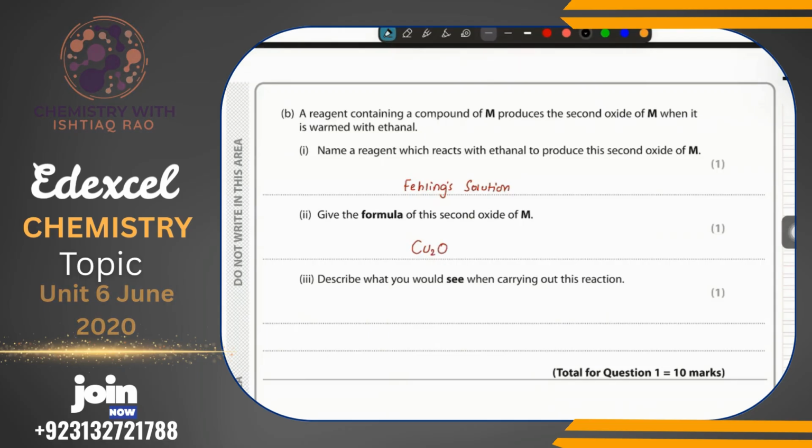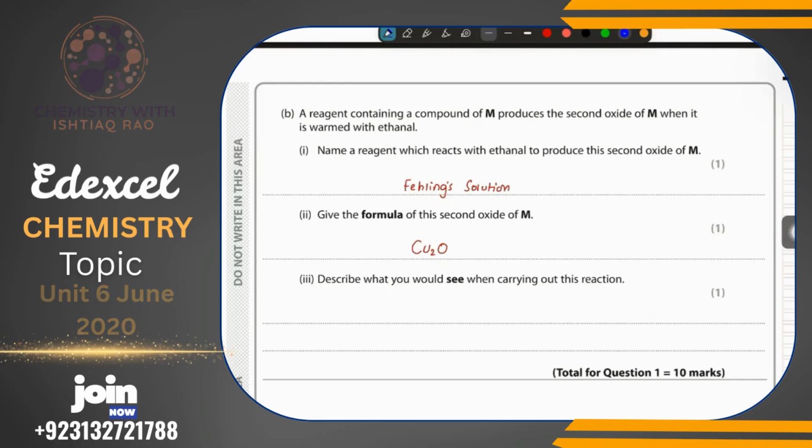Because Fehling solution is an alkaline solution of copper sulfate. So copper plus 2 would be changing into copper plus 1 because it is getting reduced. It's an oxidizing agent. An oxidizing agent is the one which oxidizes others and reduces itself.